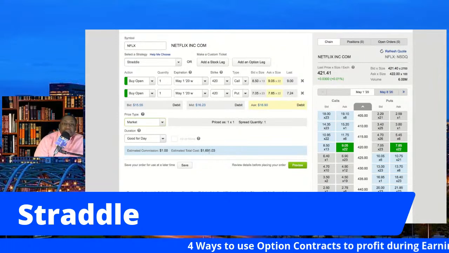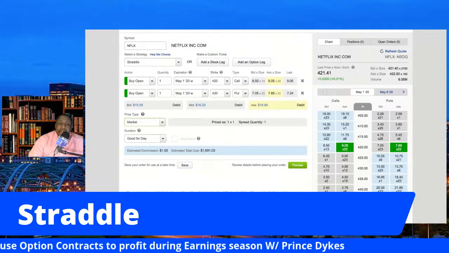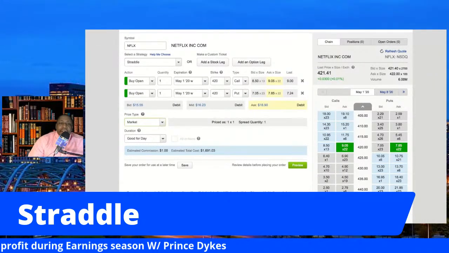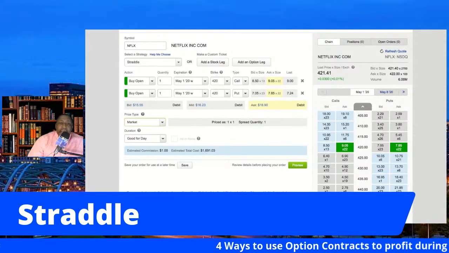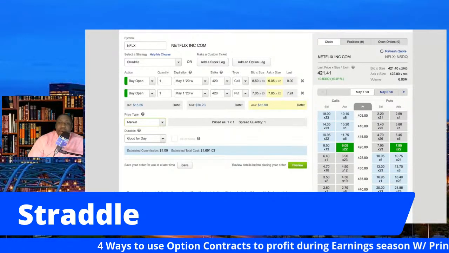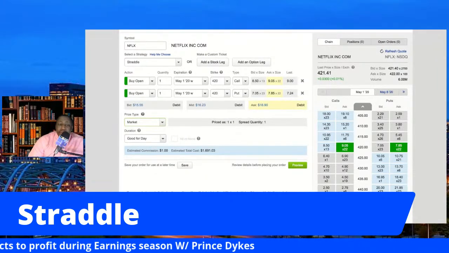So if you bought a straddle, meaning you bought a call and a put on Netflix, it's going to cost you $1,600, almost $1,700. And what you're hoping is one side is going to go to the moon and the other side is going to expire worthless.